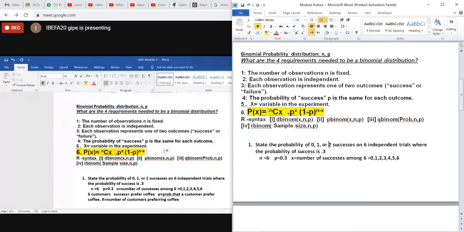For that, P raised to X is the probability. Remaining n minus X are failures. For that, the probability will be 1 minus P raised to n minus X. This is a model to evaluate the probability of X in the sample.